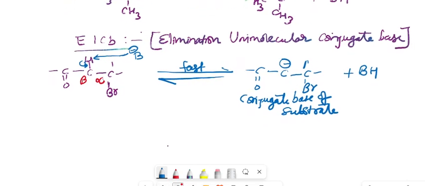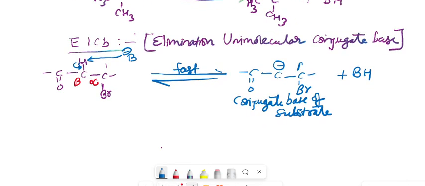Why conjugate base? Because as we know, in case of any acid, if we can represent acid as HB and it gives one proton and B minus, then we say that B minus is the conjugate base of this acid. Similarly here, negatively charged species is formed from the substrate which is having one hydrogen also.